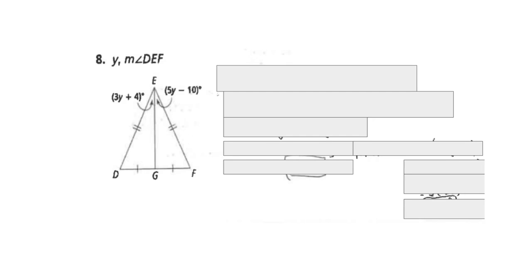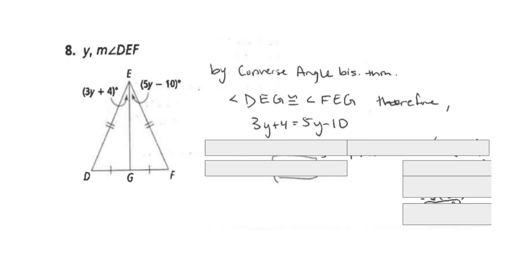And that will tell us that angle DEG is congruent to FEG. And because of that, we can set the angles equal to each other, so we get 3y plus 4 equals 5y minus 10. And then we need to solve for y, which would be one of our solutions.